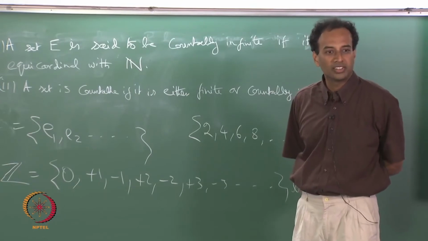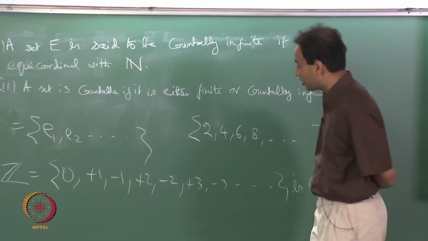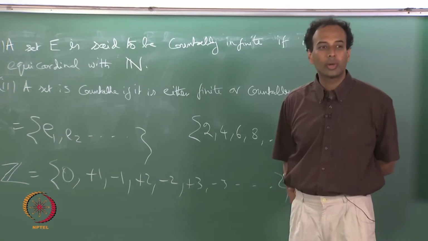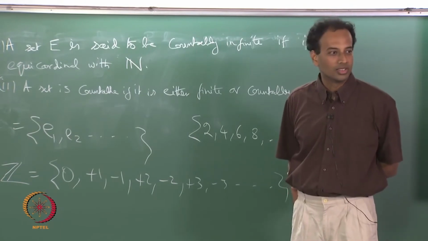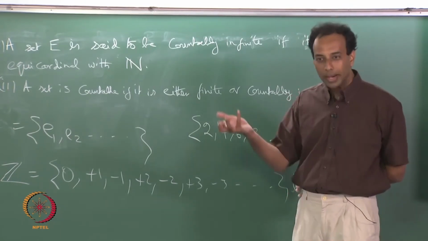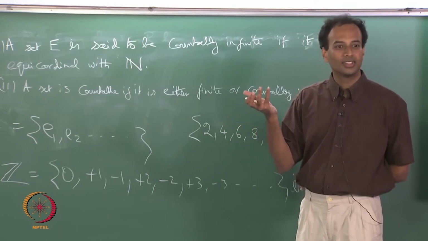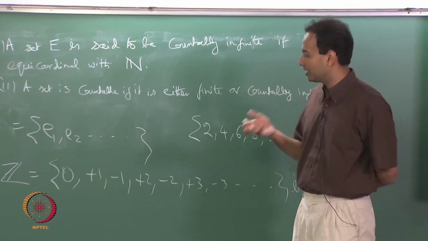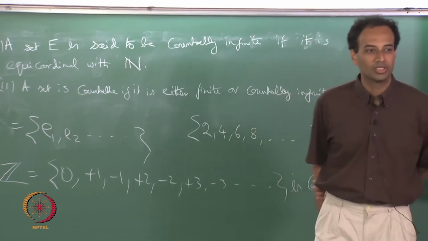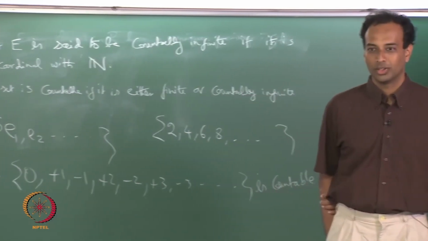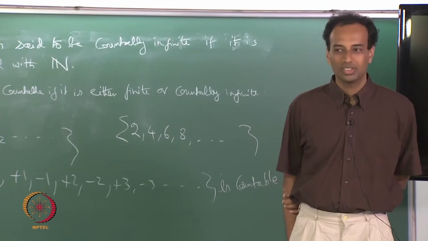It is a countably infinite set. You may now argue that, well, this Z seems to have twice as many elements as natural numbers, because for every natural number there is a minus, right. It seems tempting to say that this has twice as many elements as the natural numbers. No, not true. It only has as many elements as the natural numbers, because there is a bijection.